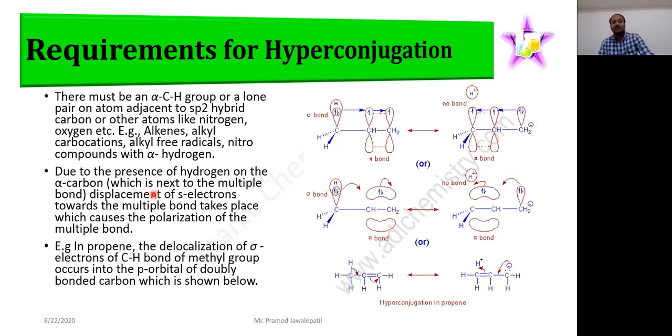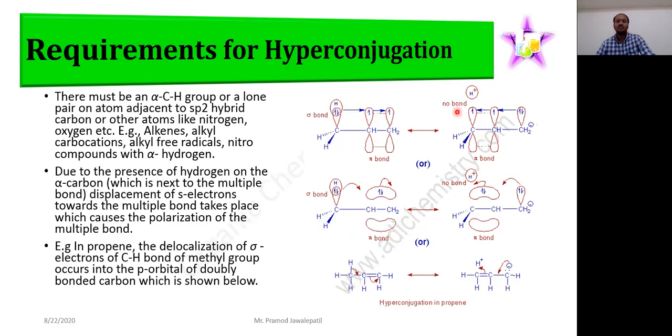For example, in propene, we will see in this diagram, the delocalization of sigma bond electrons of the methyl group occurs into the p orbital of the doubly bonded carbon, as shown here. See in this diagram, hyperconjugation in propene, and in orbital format we show it here.